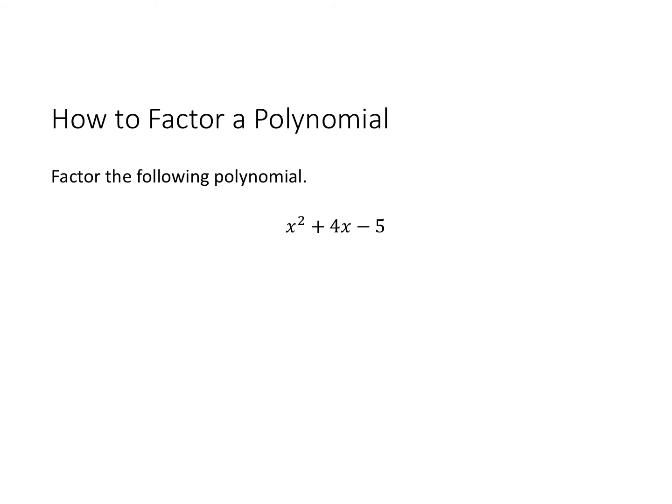Okay, here's another example, but in this example, notice that we have x squared plus 4x and then minus 5. So we've got a minus sign here in that last term. But again, the leading coefficient here is 1, so we can factor this out by breaking this down into two factor pairs. And just as before, what we're going to do is focus on that last term, negative 5, and the coefficient of that middle term, 4.